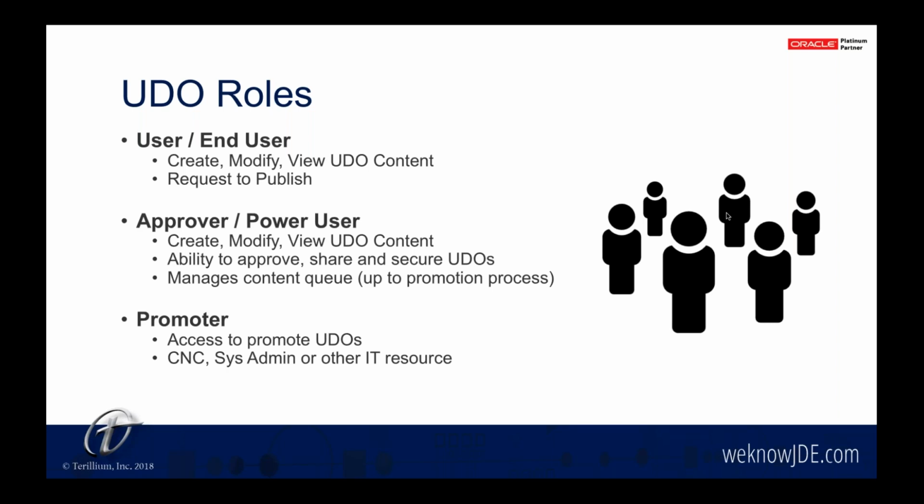One level up would be an approver or a power user, someone that can also create and modify the content, but then they also have the ability to approve and share and apply security to those user-defined objects. There's a content queue that is managed throughout this process so that you can specify where these UDOs go and how they're promoted. And then of course, you have a promoter, which is similar to a system administrator or a CNC resource that would allow you to promote these objects throughout your different environments.